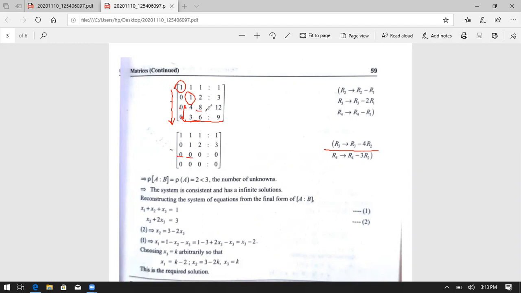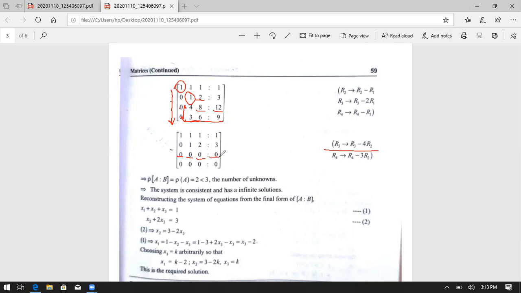Next 8 minus 4 into 2, that is 8 minus 8, also 0. Next 12 minus 4 into 3, that is 12 minus 12, also 0. R3 is over.